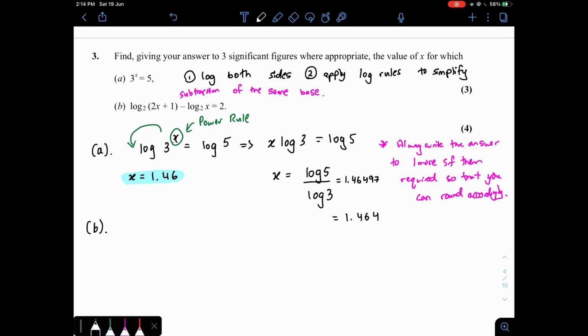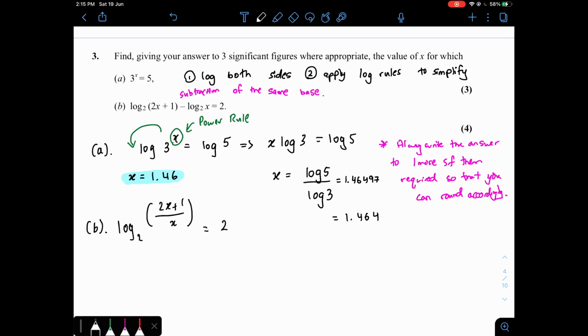So when you subtract logarithms, you're actually dividing them. So this would be log base 2 of (2x + 1) divided by x, equals 2.